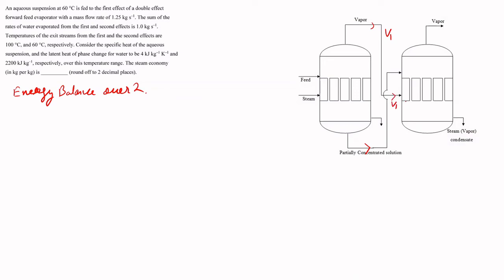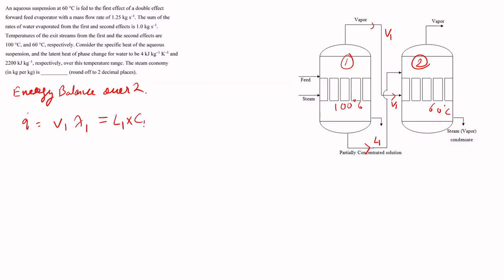Okay, so that we can write it as Q is equal to V1 into lambda 1 is equal to, now the feed rate will be the outlet of the first evaporator, and that will be L1. So the temperature over here was 100 degrees Celsius, and over here it is 60 degrees Celsius.